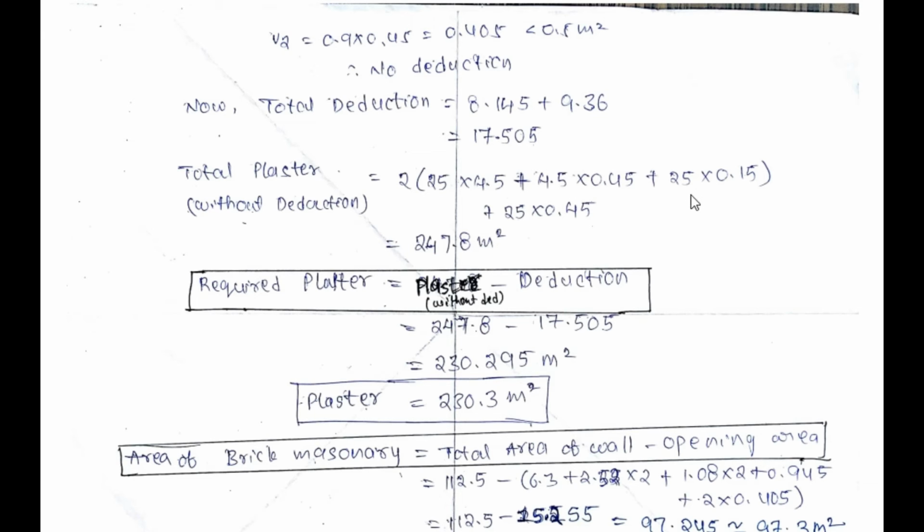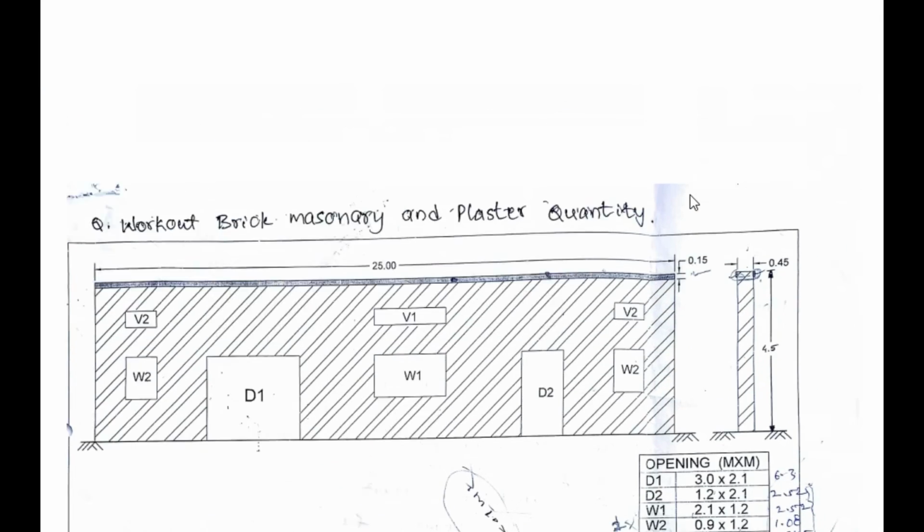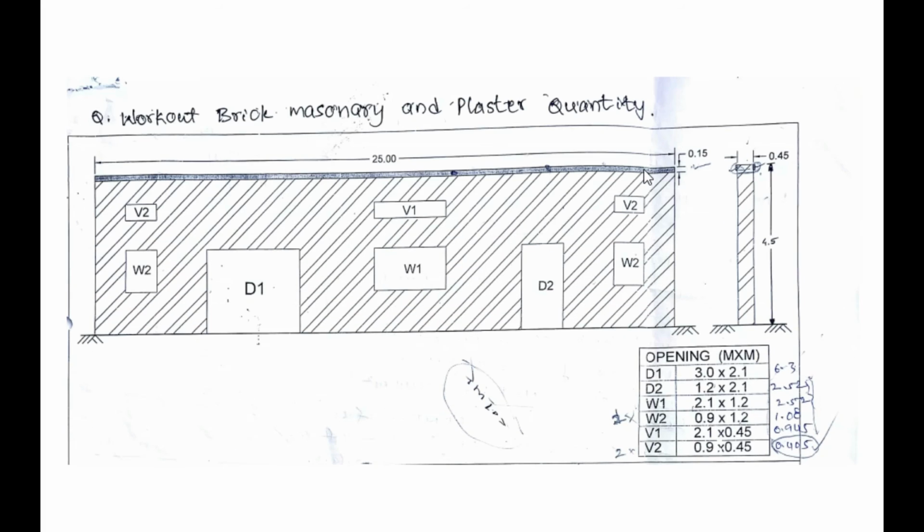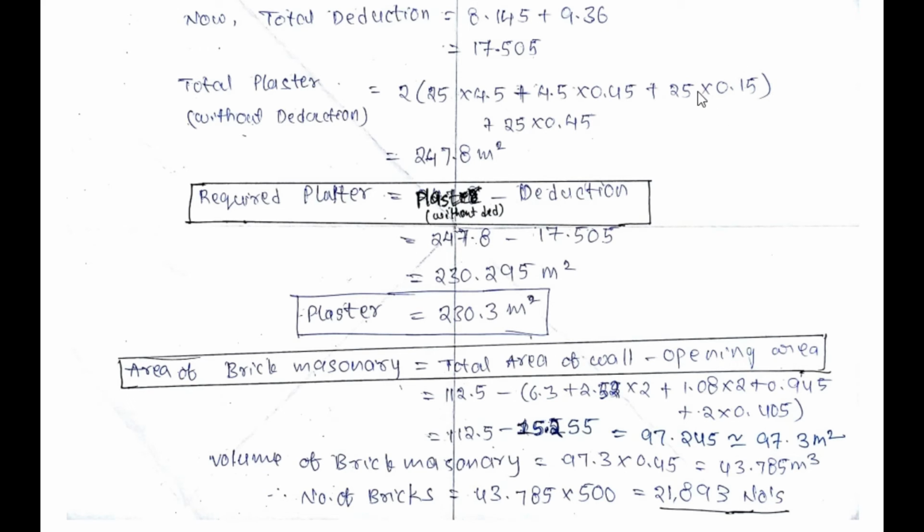This is the extra plaster for the patta. You can see here, in this area we need to plaster in two layers because it acts as coping. For the second layer we need to add 25 into 0.15, plus the top of the wall, 25 into 0.45. Add all these values and you will get 247.8 meter square.